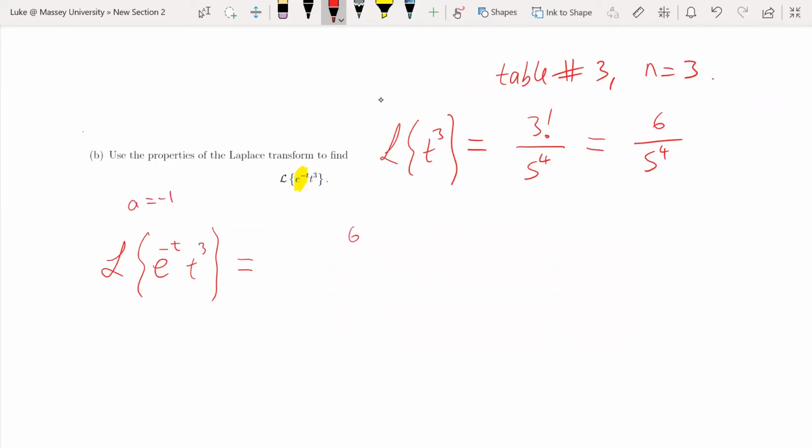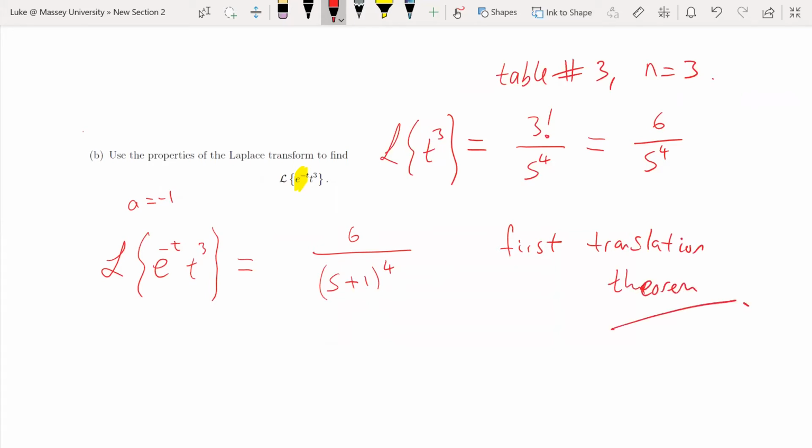So this is going to be 6 over s minus a, -1, so it's s plus 1, to the power of 4. That was the first translation theorem. And again, in your test, I really hope that you'd include all this information.